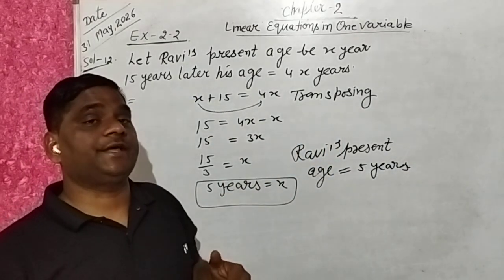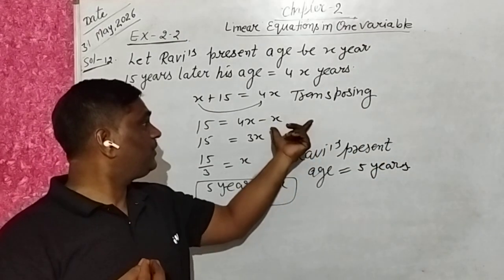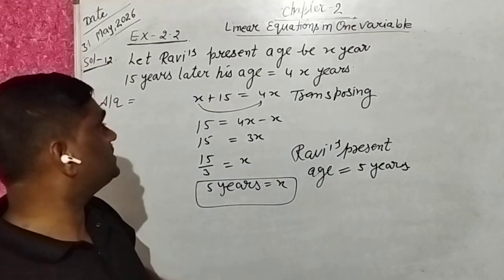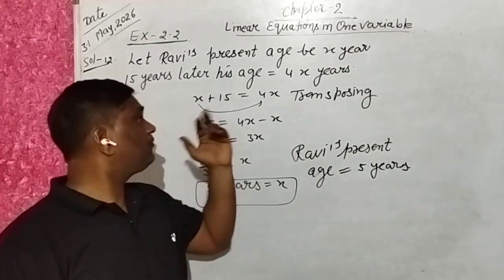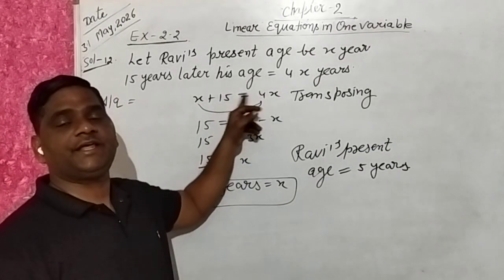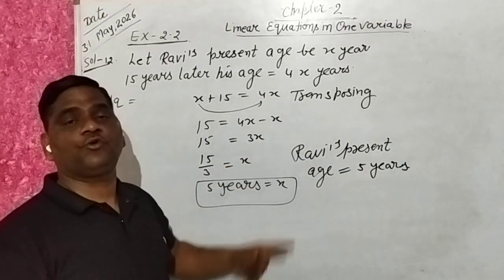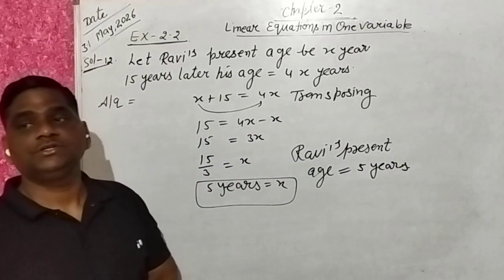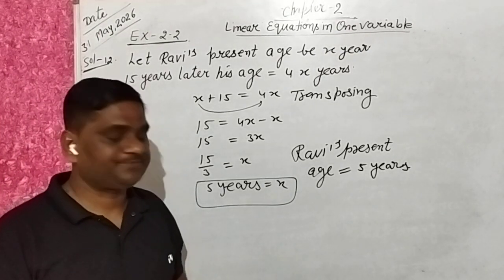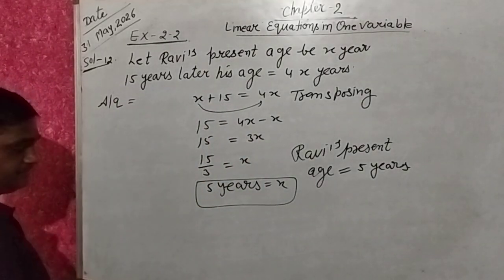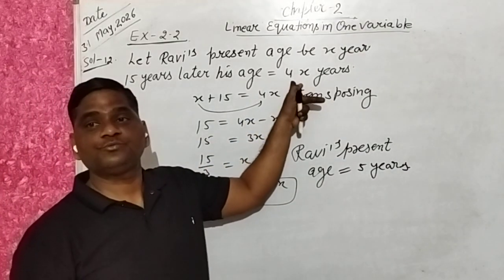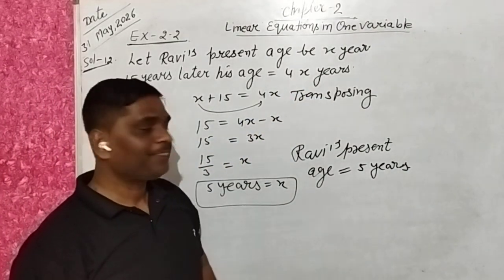So x plus 15 is equal to 4x, 15 is equal to 4x minus x, 3x, x value is 5 years. So the present age of Ravi is 5 years. Okay guys? And 15 years later, 4x, 4 into 5 is equal to 20 years. Okay.